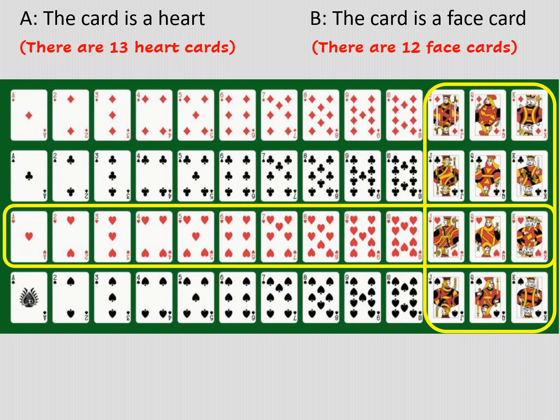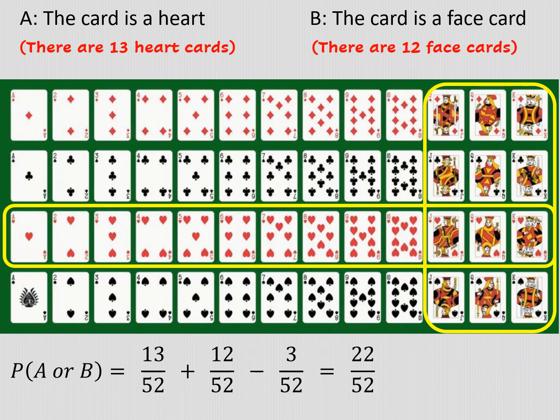So when you're calculating the probability of an OR, right, two or more things happening at the same time, we're looking at the probability of the first event. That's the 13 hearts out of 52, plus the probability of the second event. That's just the face cards. There are 12 of those, 12 out of 52.